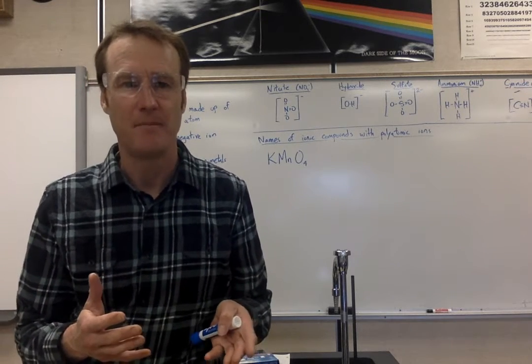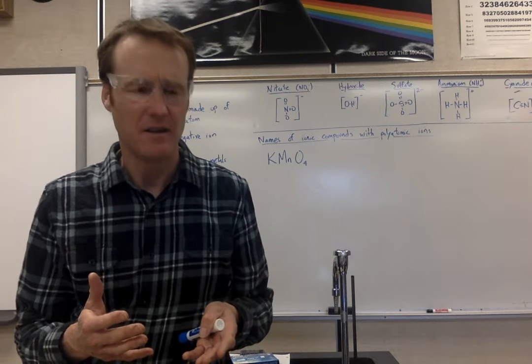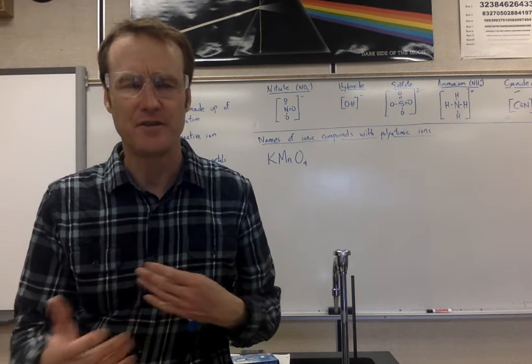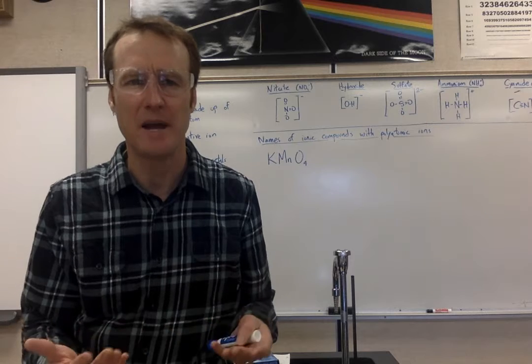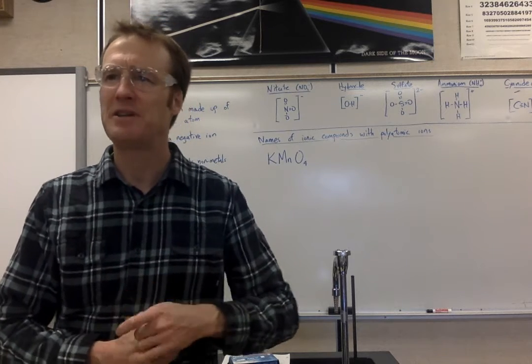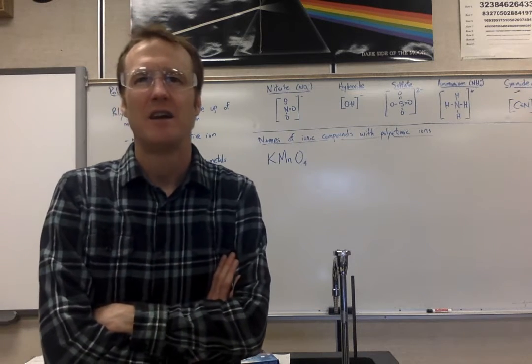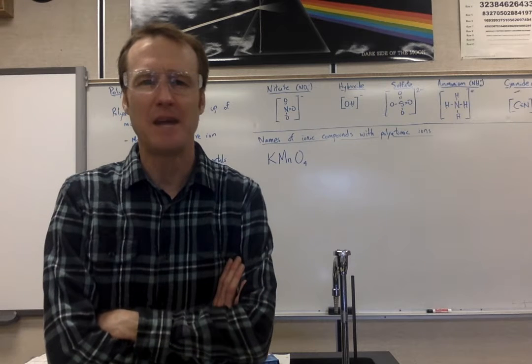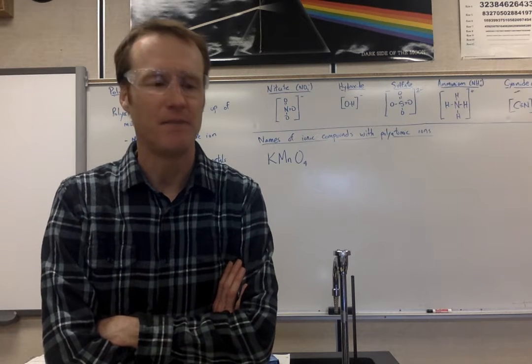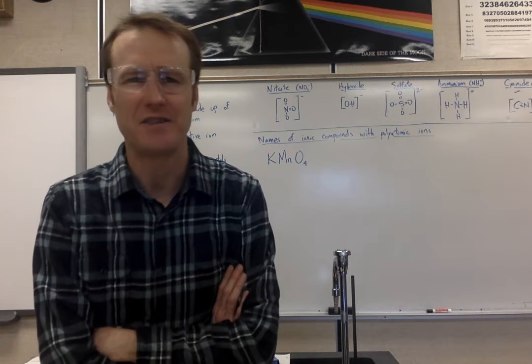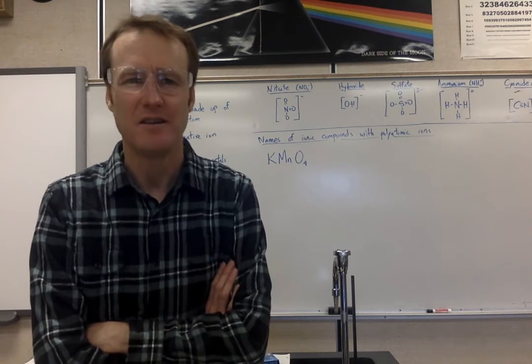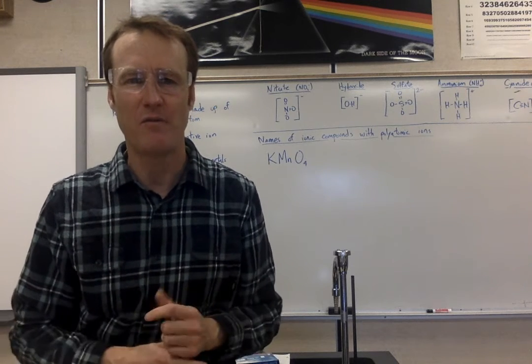I already told you that. But then you're going to also see that Mn is a metal too. It's in the metal part of the periodic table. It's called manganese. So you might be tempted to call that potassium manganese 4-oxide or tetraoxide or just oxide. There might be some confusion involved there.